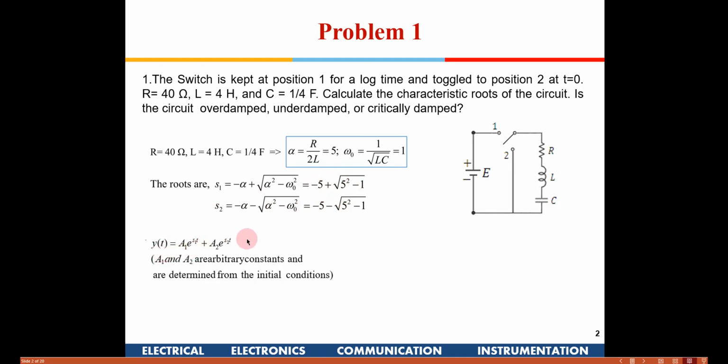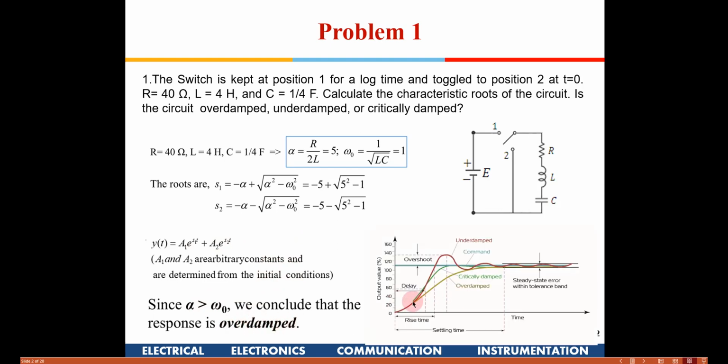Okay, so we know the roots, and the final equation is given by A1 e to the power of s1 t plus A2 e to the power of s2 t. So here if you see, s1 and s2 both are going to be negative real numbers. So that is the reason we say that it is overdamped, right? That I explained in the class, that if both are negative, both are exponentially dying signals, and it is just going to slowly go.